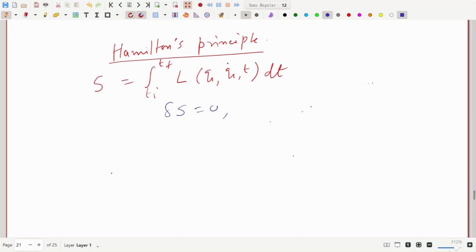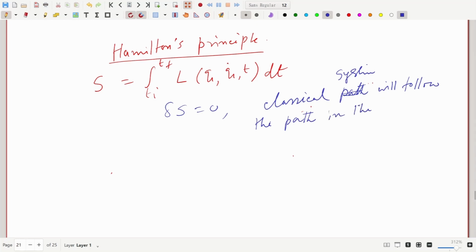The meaning is that the classical system will follow the path in the configuration space for which the action S will be extremum.